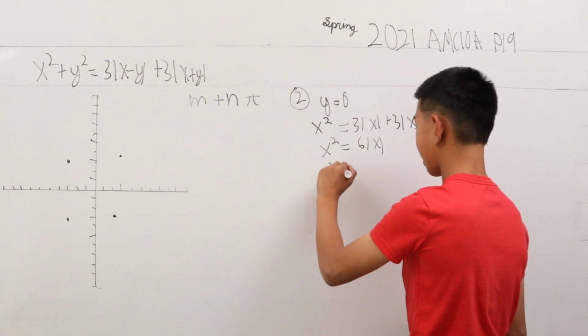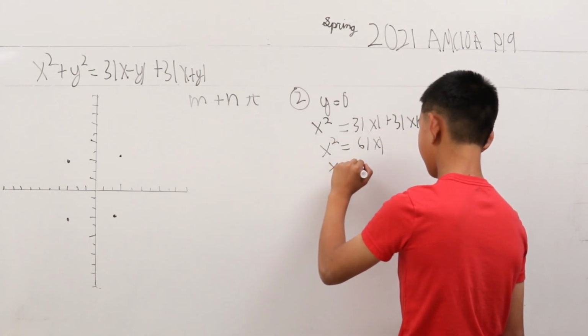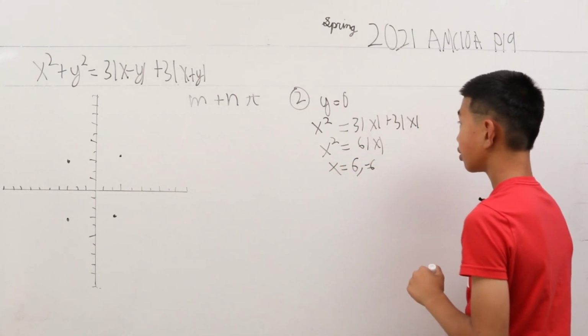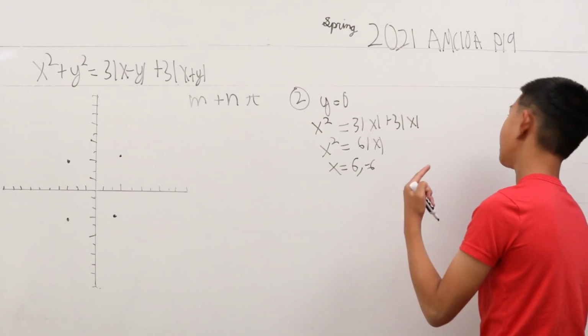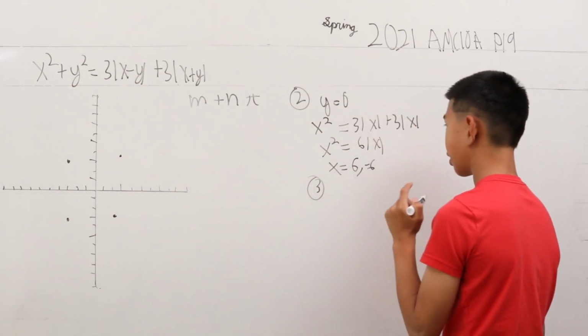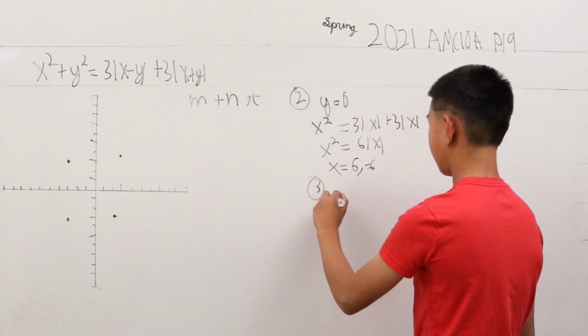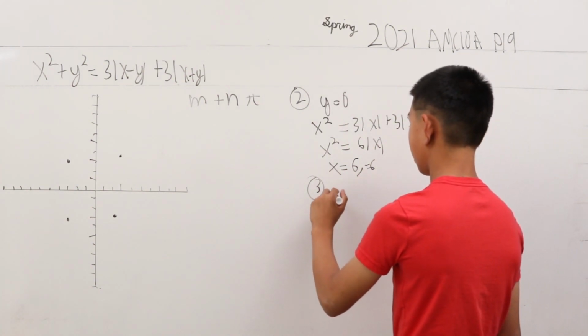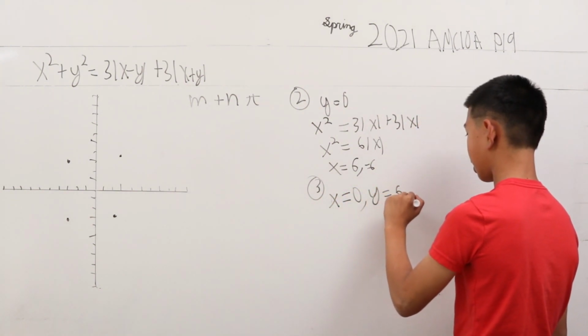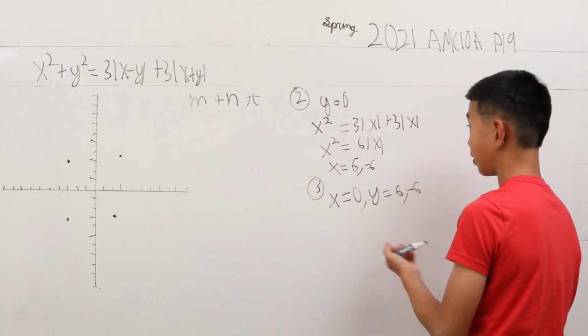From this, we get that x is equal to positive 6 or negative 6. From this, we can also infer our third case, where x is equal to 0, y is equal to 6 and negative 6, because there's a pattern here at play.